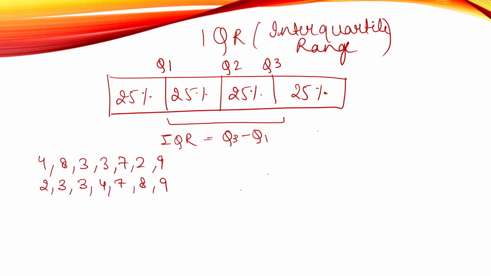So take this as 1 point, this as 1 point, and this as 1 point. So this is your Q1, Q2, Q3. Q1 is basically 3. Q2 is also referred to as your median.